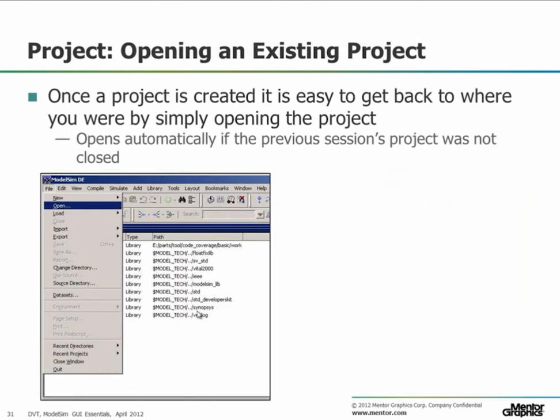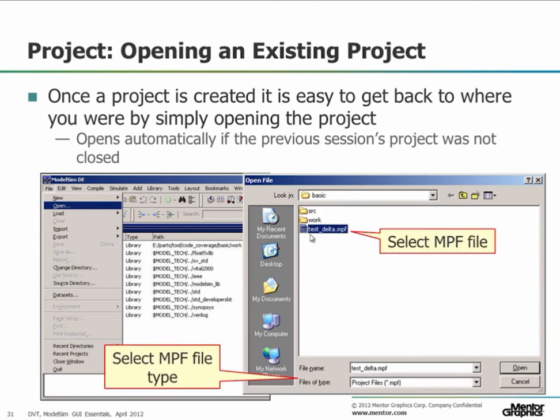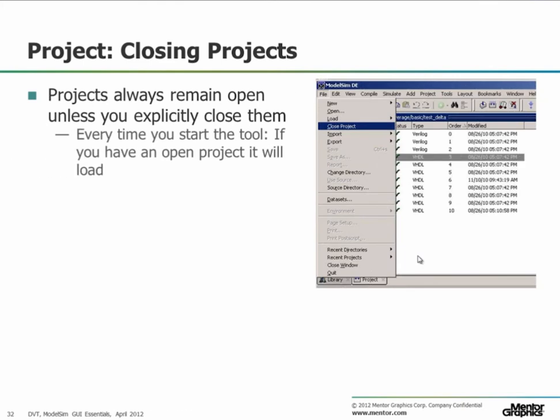If I have a project, when I close the tool, the next time I open the tool it should open the last project that I was running. If you wish to change projects, you can say File, Open, Project, find that testdelta.mpf, select that, and that will open the project, change the directory, and get you ready to run that project.